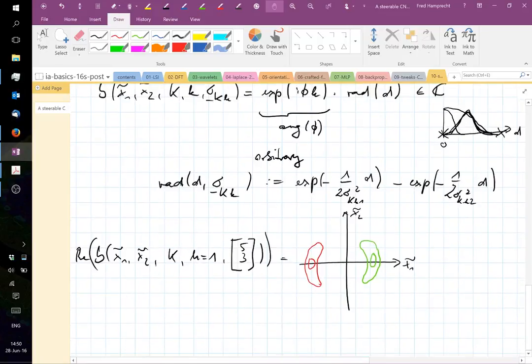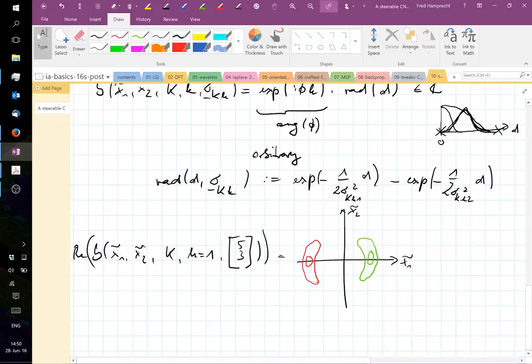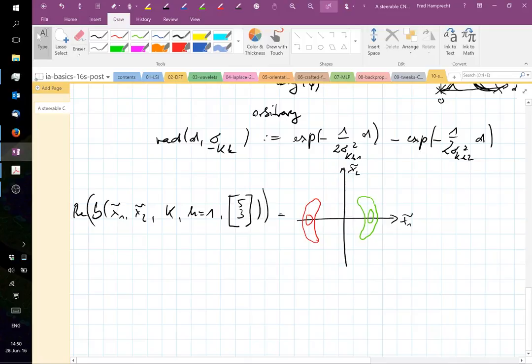Good. So this is what this filter would look like, the real part of it. If I take a higher order, then I would have a negative here and negative there, and a positive here and positive here, and so on.